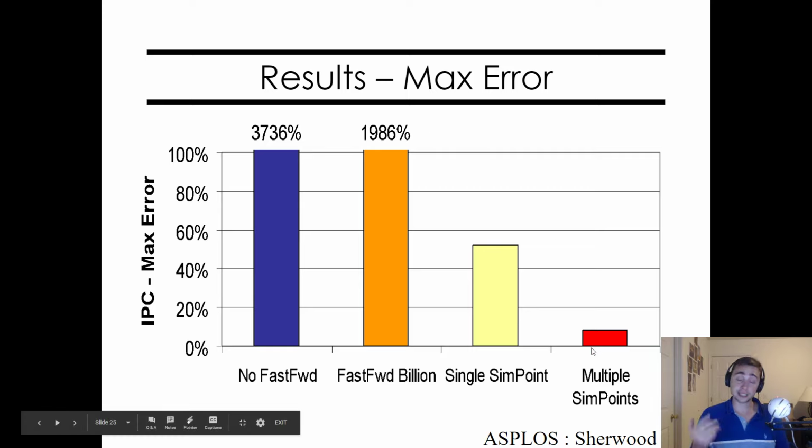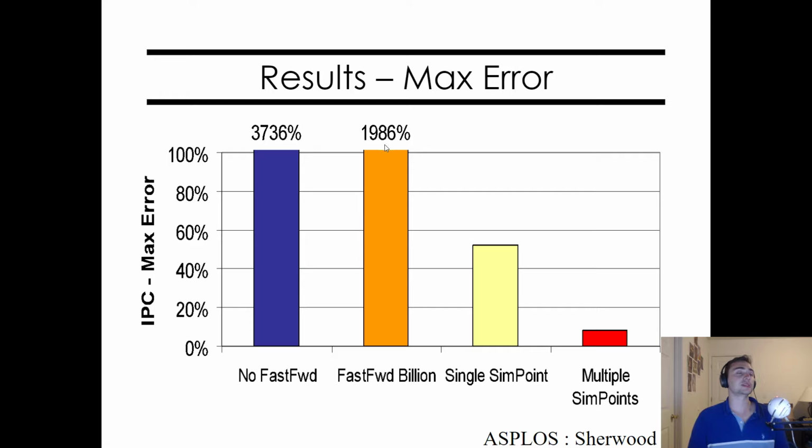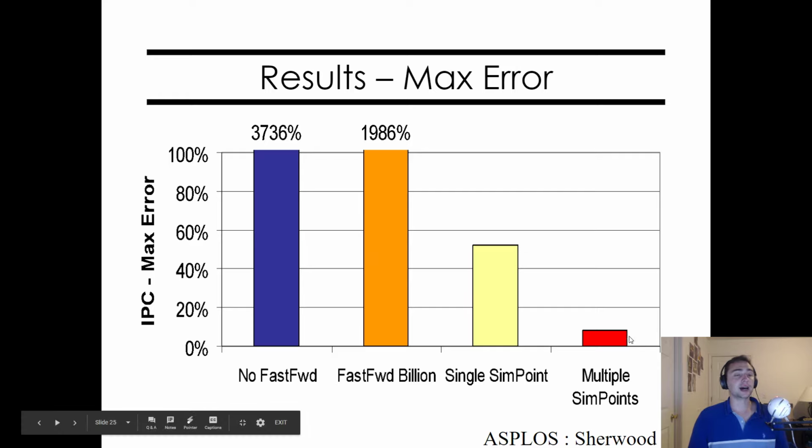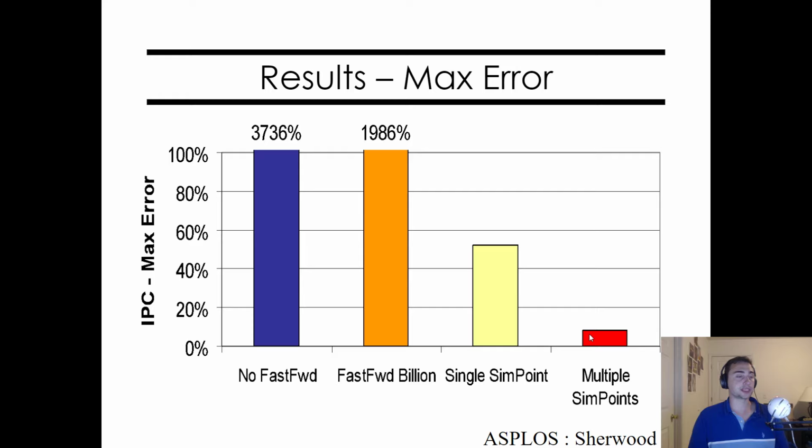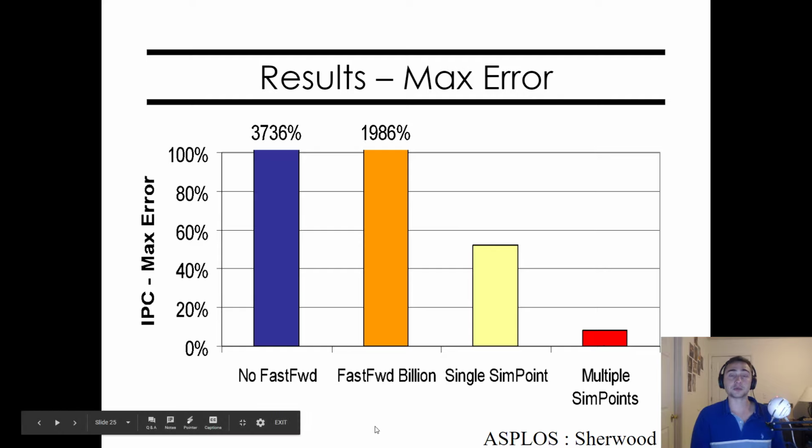Even something as simple as a single simulation point gets you all the way down from about 2,000% off to probably 55%. And then again, once you get to multiple simulation points, you're getting down to the range of 8% or so off the IPC of the actual program, right?